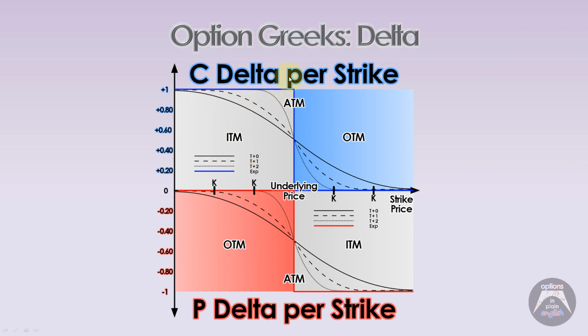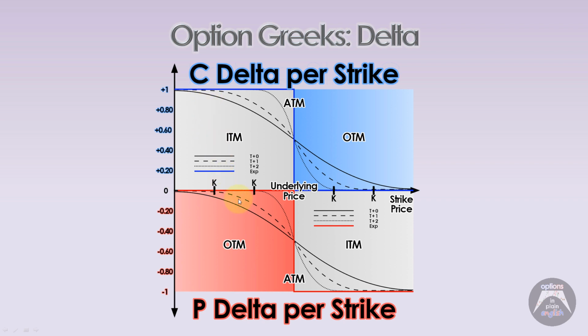So for example, if an underlying is trading at $100 and we have the 0.80 delta strike call, then for every dollar, so if the underlying goes higher by $2, then the option price is going to go higher by 1.60.